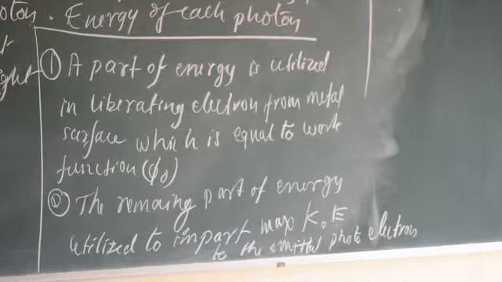The remaining part of energy is utilized to impart maximum kinetic energy to the emitted photoelectron. Hope you understood this. So take down neatly. These are the ways of initially writing Einstein's explanation of the photoelectric effect.